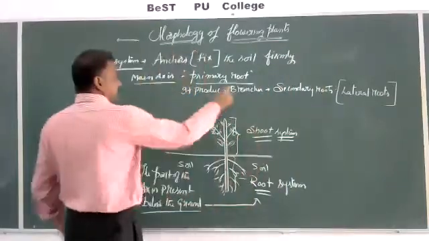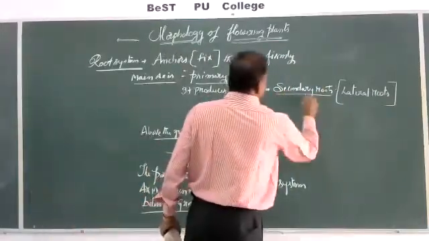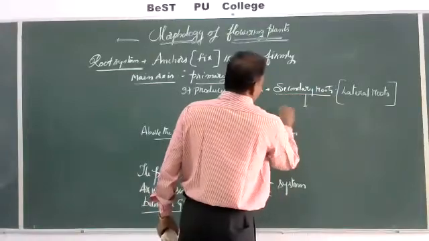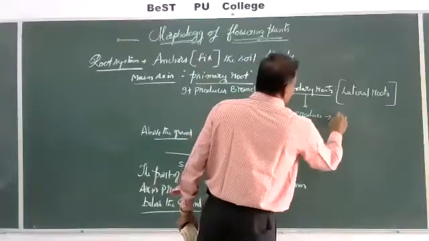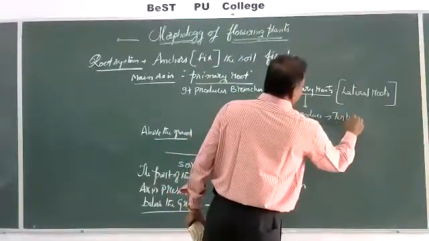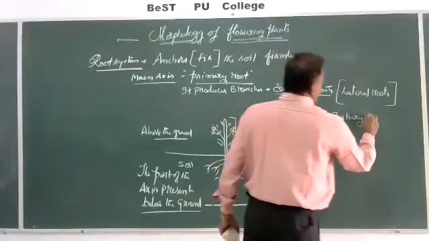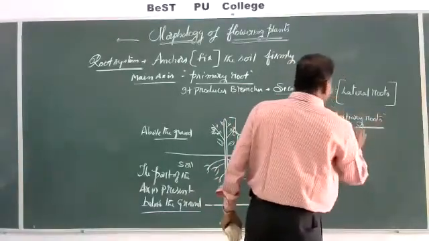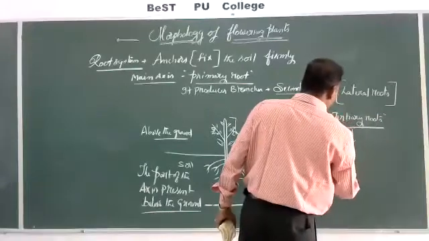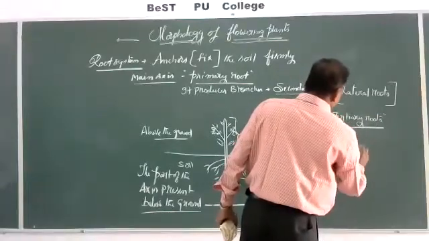Again, in turn, these secondary roots produce tertiary roots. These tertiary roots produce rootlets.